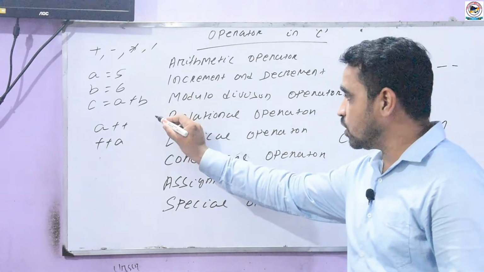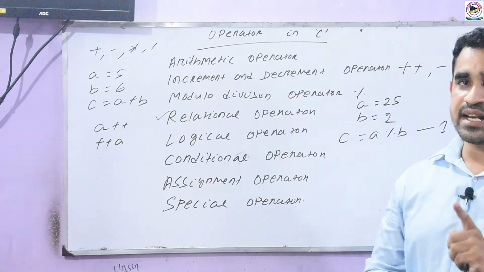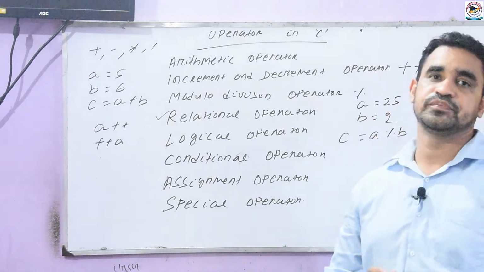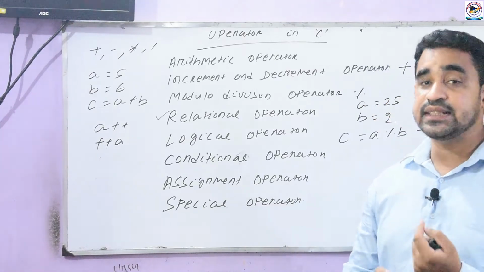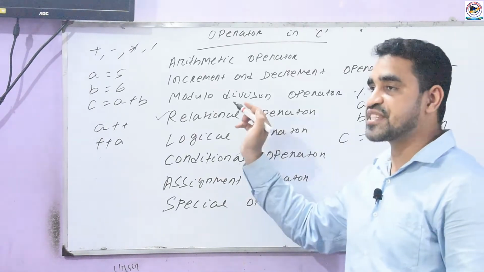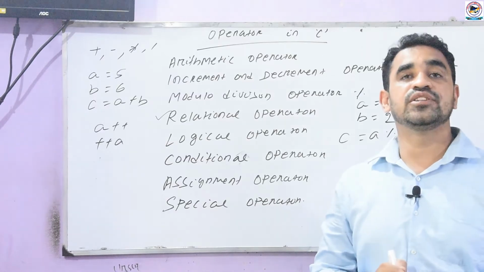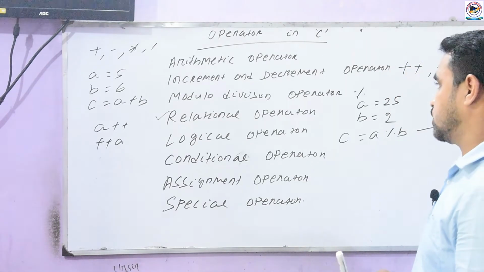Then we discuss the relational operator. A relational operator is the most important operator in C. By using relational operators, we build expressions and they return the value either true or false.